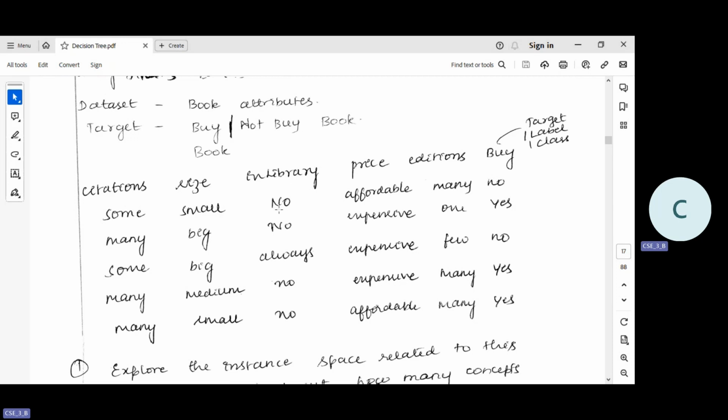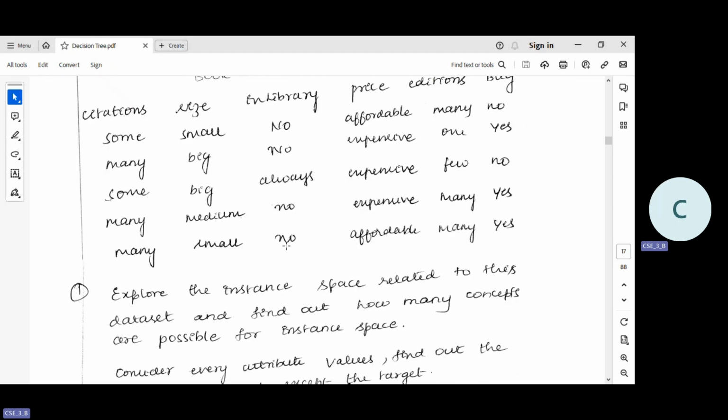In library has no and always, price is affordable and expensive, and edition has one, many and few. The target is whether to buy the book, yes or no.